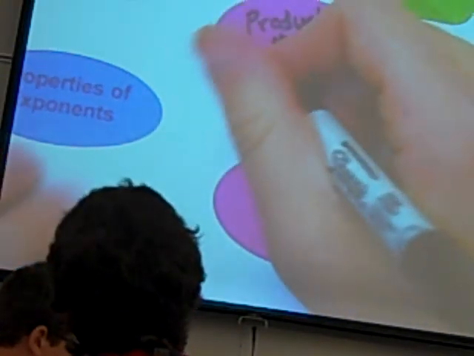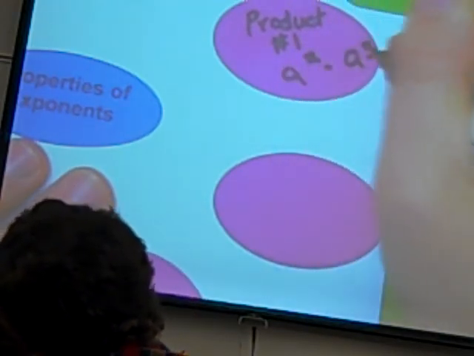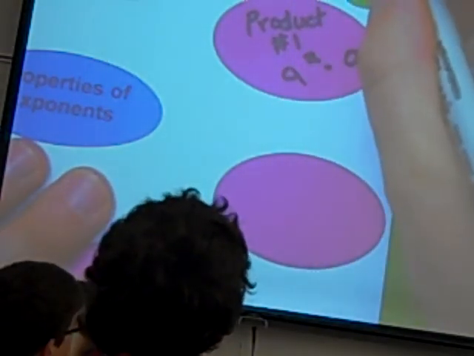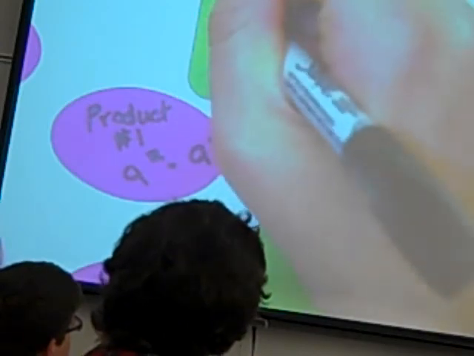So on my example, I said, okay, this is product property number 1. And down here I put the rule, which was like a to the second times a to the third. And then up here is where I put in words and said to myself, oh, I need to add the exponents.